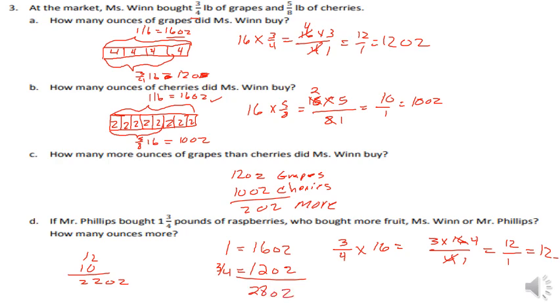So Mr. Phillips bought more, and it wants to know how many more in ounces. So 28 minus 22 is 6. He bought 6 more ounces of fruit.